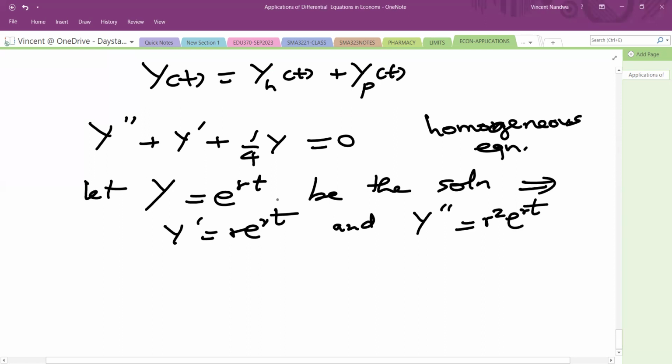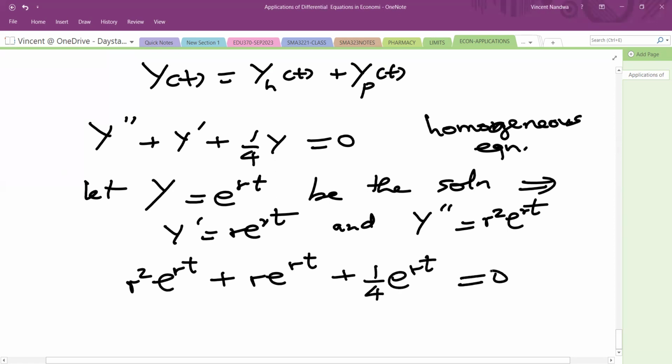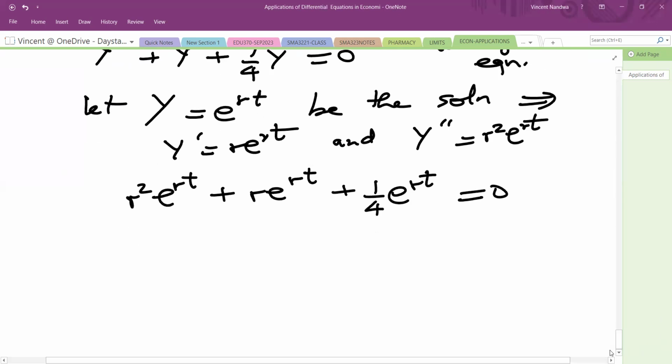Then substituting this into the given equation, you'll have r squared e raised power rt plus r e raised power rt plus a quarter e raised power rt equals 0. Then we have e raised power rt into r squared plus r plus a quarter equals 0.